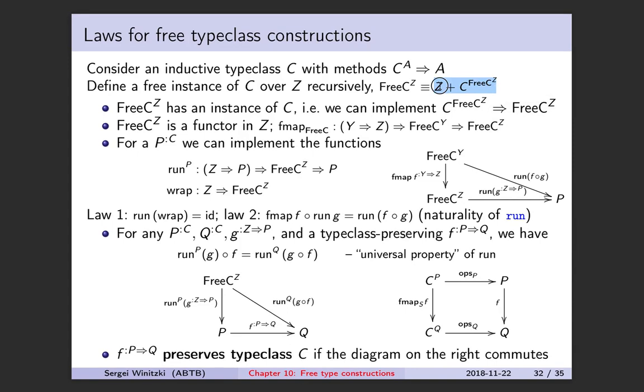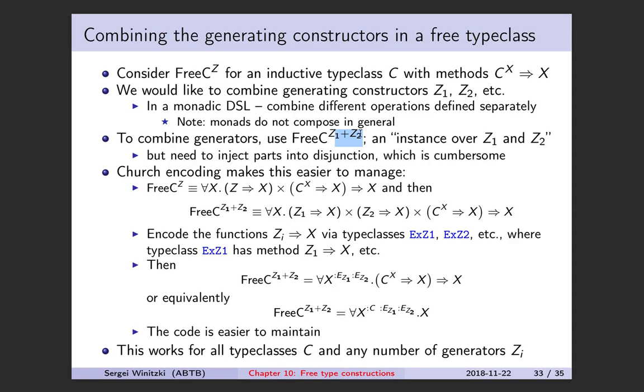If you have several generating types, all you need to do is to have several parts of the disjunction here, Z1 plus Z2 plus Z3 and so on, which means that the free instance of C over several constructors is the same as the free instance of C over the disjunction of these constructors. So it is sufficient to take the disjunction and generate the free type class using the disjunction.